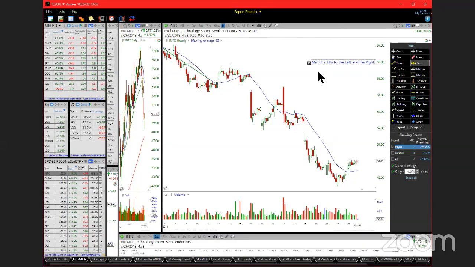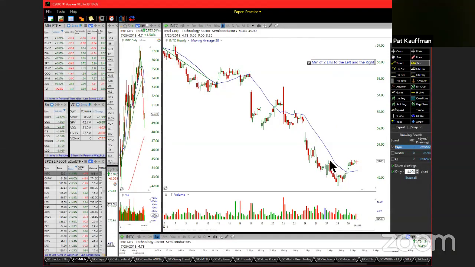And when I look at this, I can tell the software, show me a swing, a pivot. While I can use 2, I decide to use 3 because I want what I would call a stronger pivot. So if we look at these highs and ask, is there 2 lower highs to the left and right, or 3? Well, 2 will normally work, but using 3 will eliminate some of the less significant ones. So there are 3 there.